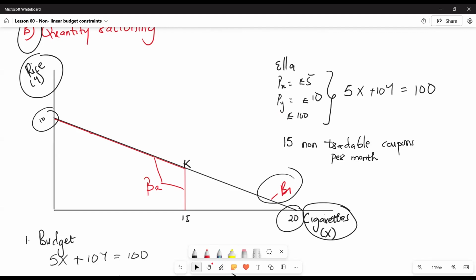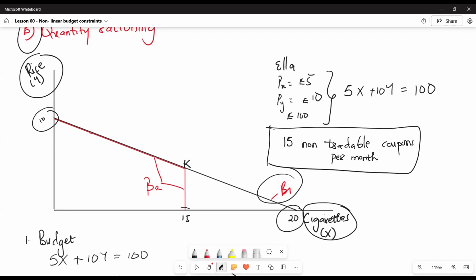For any amount of cigarettes Ella wants to buy, she must submit a coupon. What this means is that the maximum amount of cigarettes Ella can buy per month has been restricted to 15 because of the 15 non-tradable coupons per month that the government gives her.